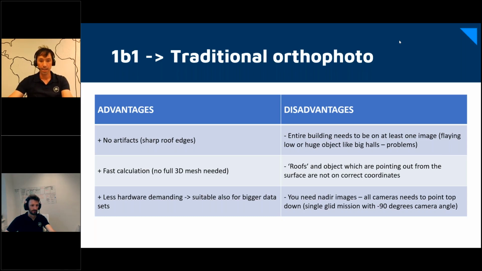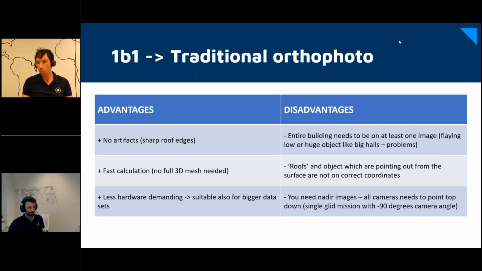Then another disadvantage of this approach is you need nadir images. So all cameras need to point perpendicularly down. Let's say you need to fly a single grid mission with a 90 degree camera angle. Otherwise, you are not able to get a nice traditional orthophoto.